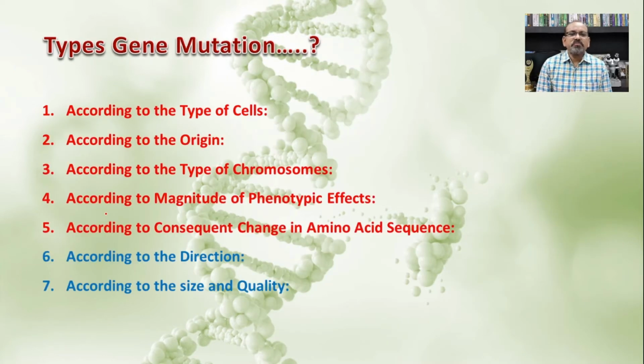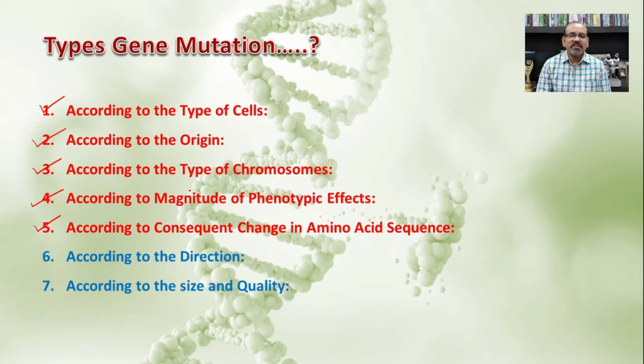These are the types of gene mutation. Now this is a big topic, and hence gene mutation is divided into two lectures, part 1 and part 2. In this part 1 we will consider gene mutation according to the type of cells, according to the origin, according to the type of chromosomes, according to the magnitude of phenotypic effects, and according to the consequent change in the amino acid sequences.